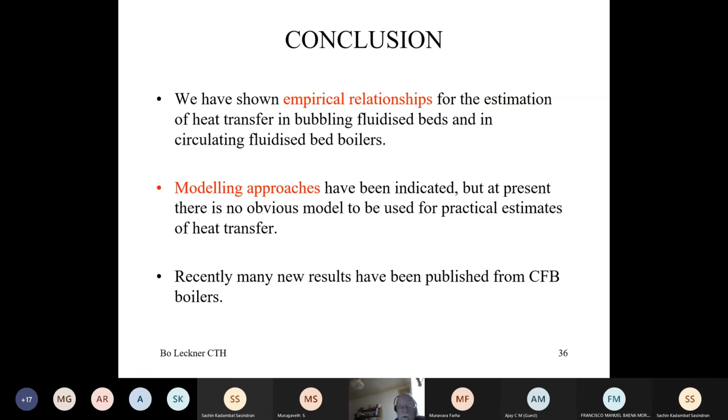But I have pointed out that there are some, Andrén and Glicksman and Fredenborg's correlations, that are reasonable for bubbling fluidized beds and for tubes in beds in a well-fluidized region of the bed, but not at the walls.